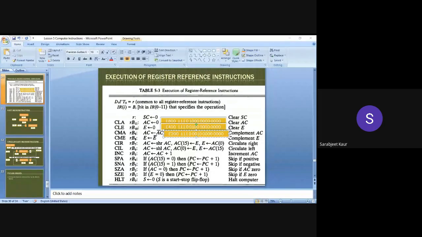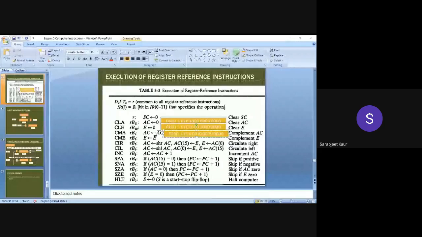So now let us come to circular left and circular right. Before I go on to these two instructions, let me show you two other instructions which are not listed here. These are also called the shift micro instructions, and they are generally denoted by shift right and shift left. Now what is shift right, shift left?